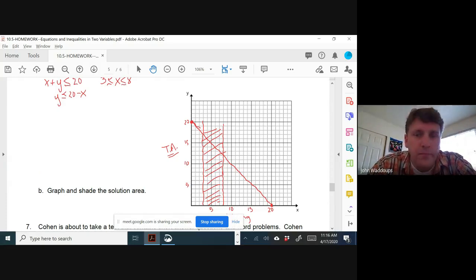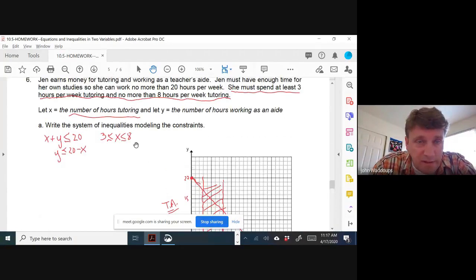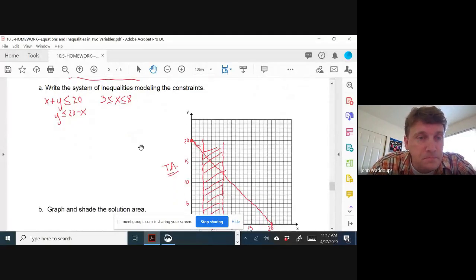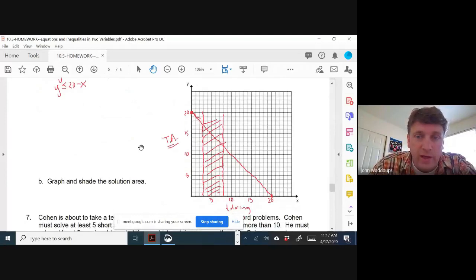And that's the part expressed where she says she has to spend at least 3 hours per week tutoring and no more than 8 hours per week tutoring. And then for the other part, it has to be below this line.